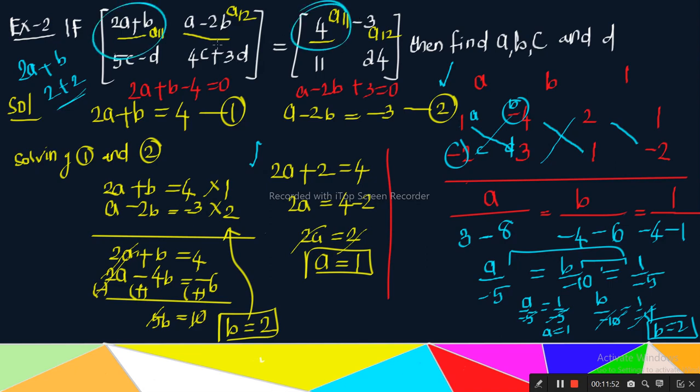If I keep the values of a and b here, a is 1, 1 minus 2 into b, which is 2 times 2 is 4, 1 minus 4 is minus 3, and here it is also minus 3. So similarly we got the values of a and b by equating this with this, and this with this.